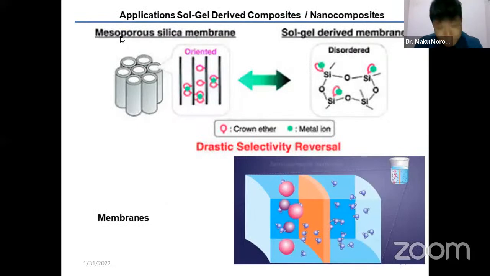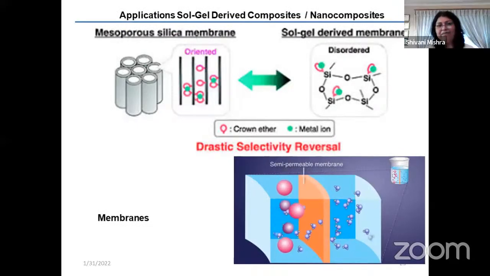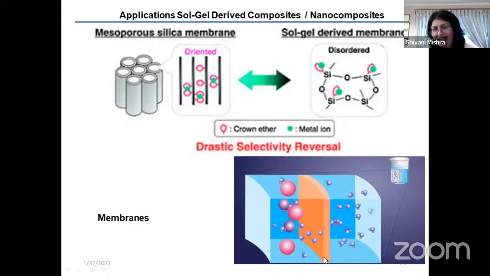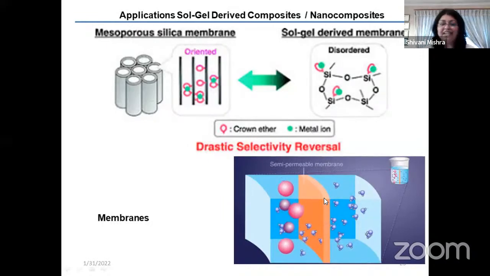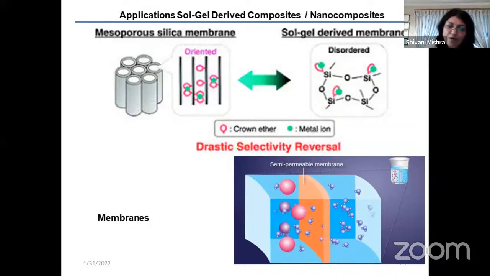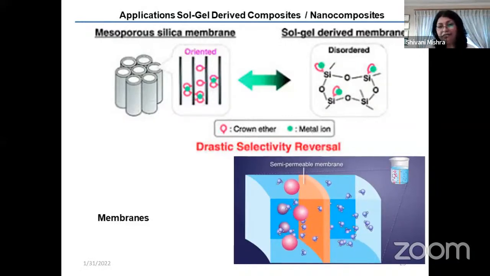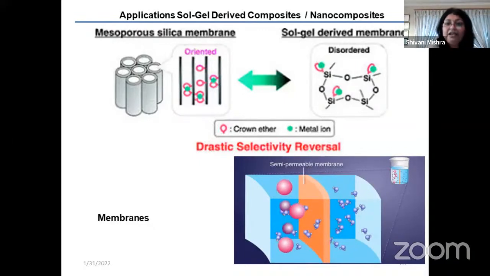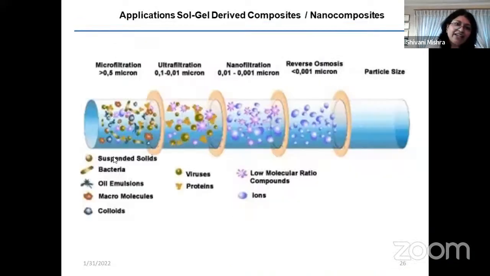Okay, so next part is the membrane areas that sol-gel technology is based on. To put it in a simple way, this membrane, which is allowing the water to pass through, is made up of materials which these days incorporate sol-gel derived products. Coming back to the further description, we have the microfiltration membrane.